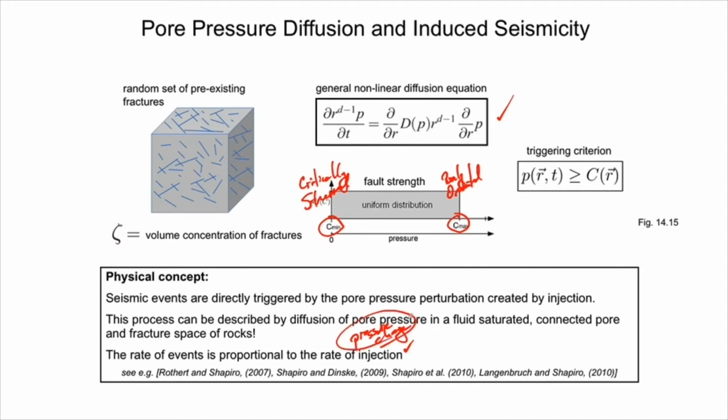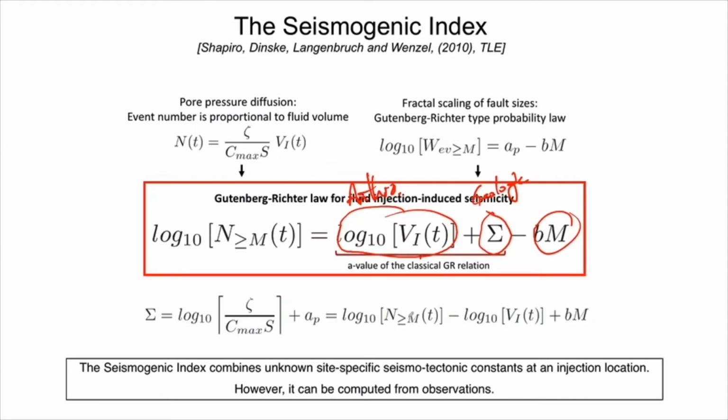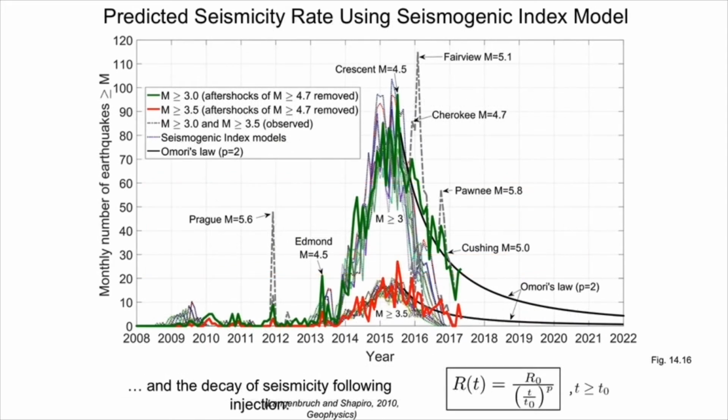But we actually don't know that right now. And so we're going to assume that the rate of pressure change is related to the rate of injection. And so that's why that's the log of the volume as a function of time being injected. And so, here's what came out of all this.